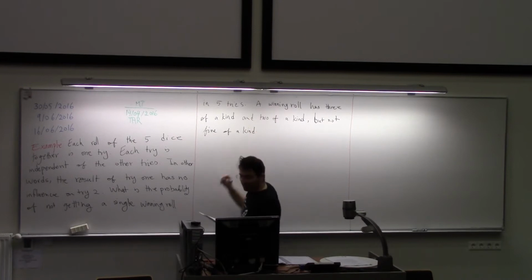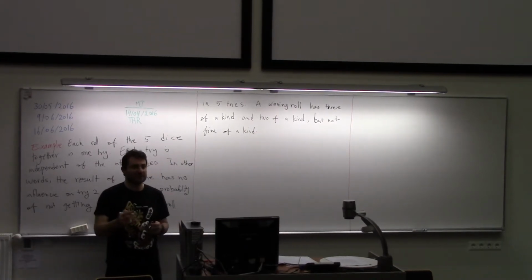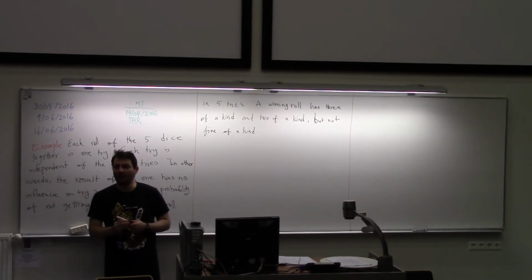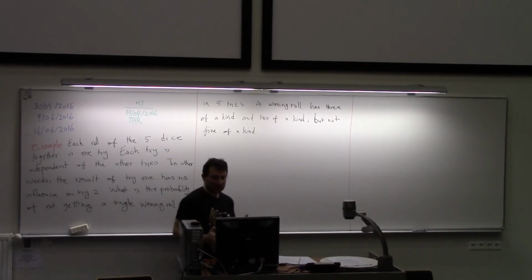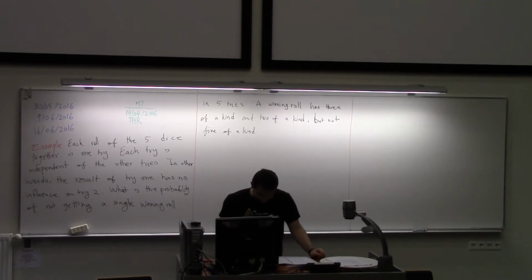In other words, we have like 3, 4 and 2, 6. It cannot be all 4s or all 6s. So this is how we define the winning. Okay, think about it.